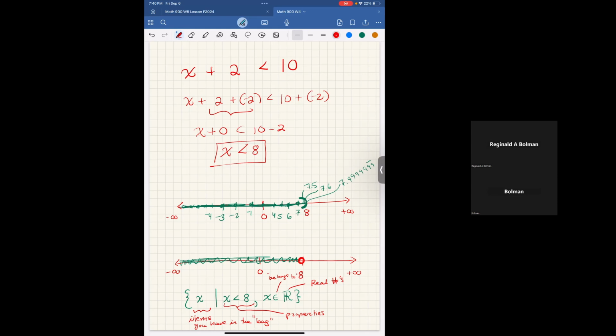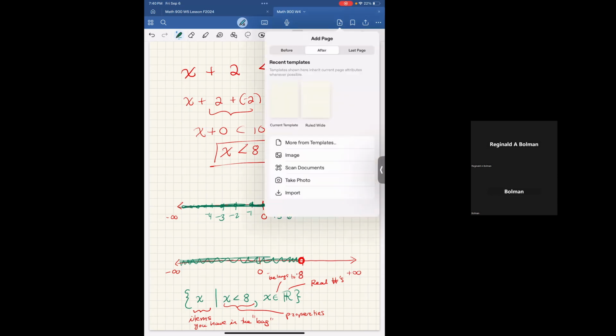Now, the good news is students will very rarely have to use this set builder notation until they get into more advanced math classes. And you'll have a lot of practice with set builder notation before you get to those classes. So I'm introducing it here for you to be introduced to the subject, but by no means will I ask you questions using set builder notation until you get to my Math 1100 course.